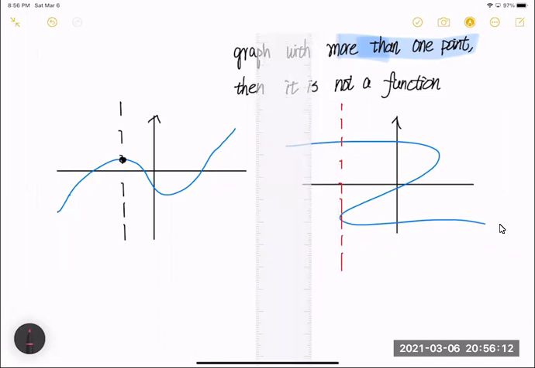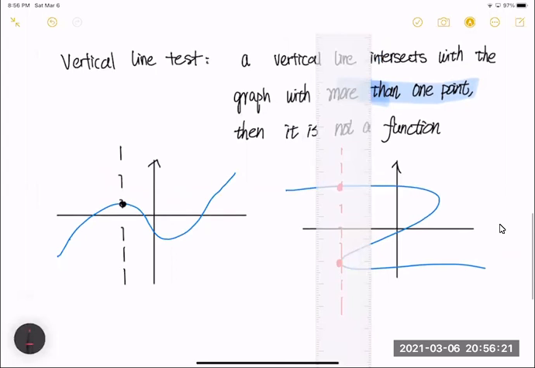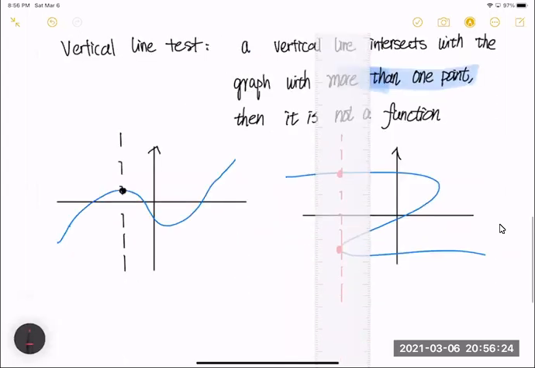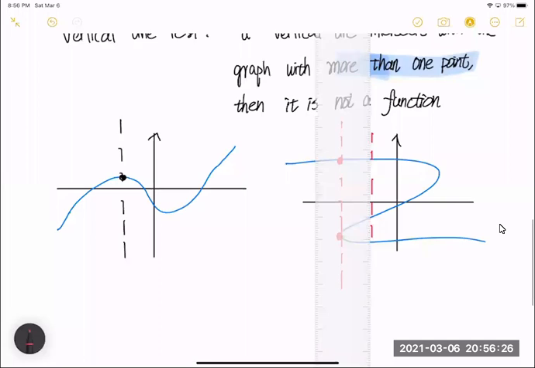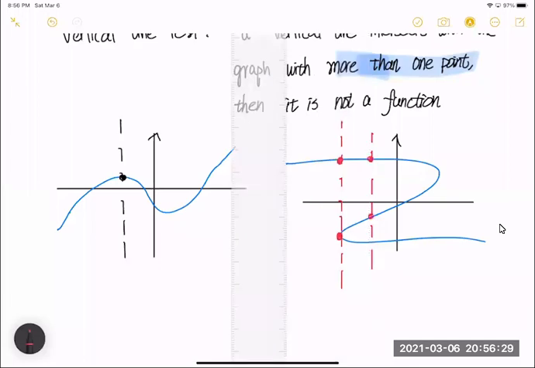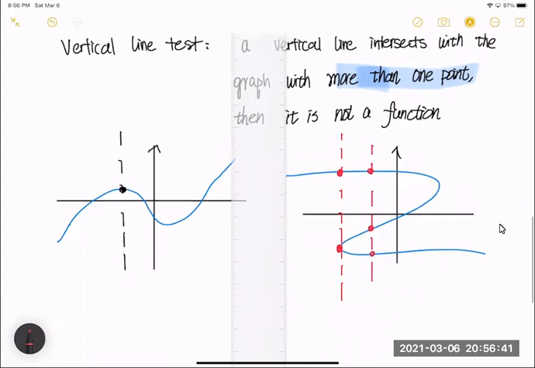There's a vertical line that intersects the function at more than 1 point. And then as we go left, the ruler keeps intersecting the function at more than 1 point. Sometimes it's 2 points, sometimes it's 3 points. It doesn't matter. As long as you can find one line that intersects the graph at more than 1 point, we can say this is not a function.